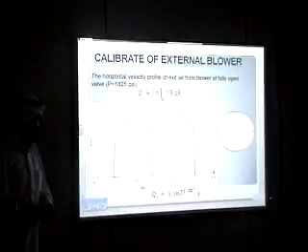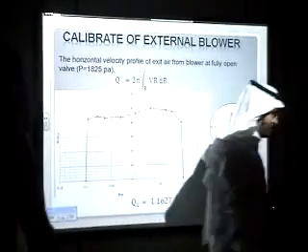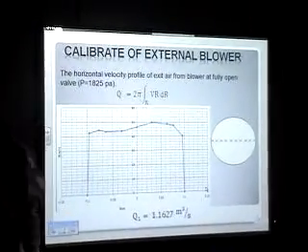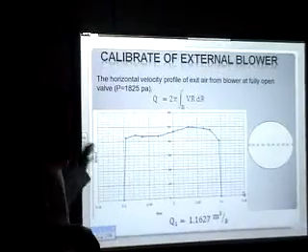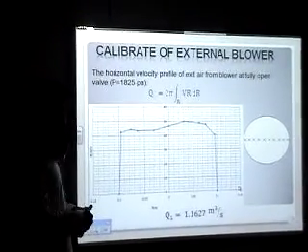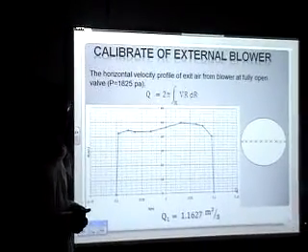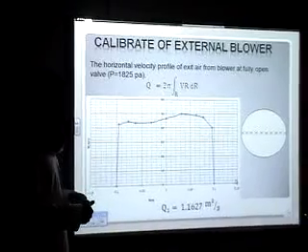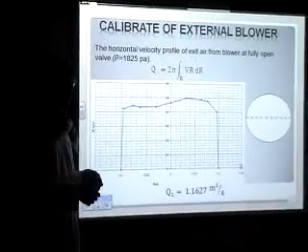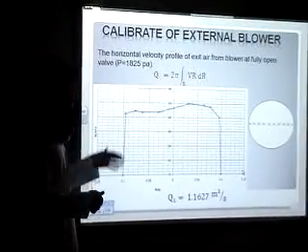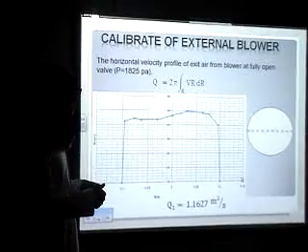And this is the result of our experiment with my colleague Peter. The first section of the experimental work is calibration of the blower. The volume flow rate is calculated from the velocity profile in two perpendicular planes, horizontal and vertical, by using this formula.